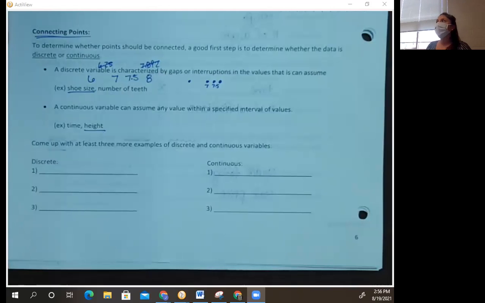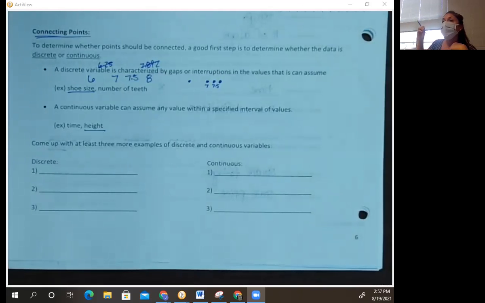If I change to measuring you, instead of in feet and inches, maybe in millimeters instead, could you be, trying to think of a reasonable height in millimeters, could you be like something and 0.5 millimeters, if I've got a sensitive enough ruler or measuring tool?